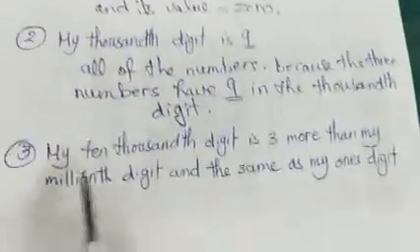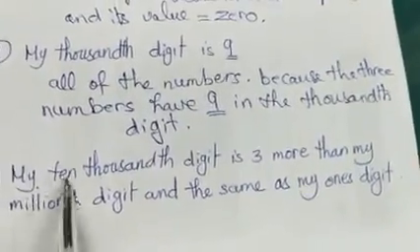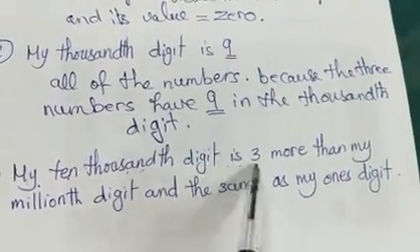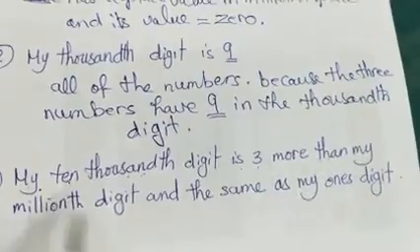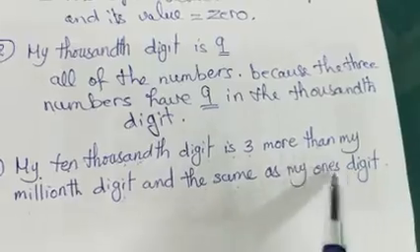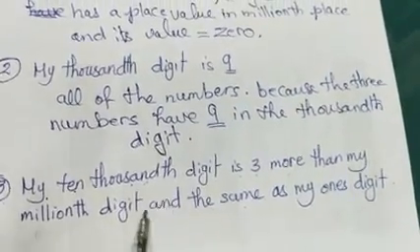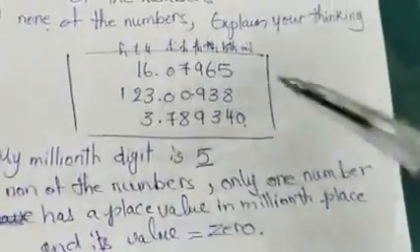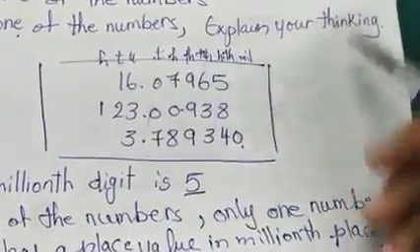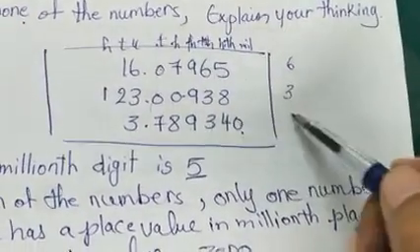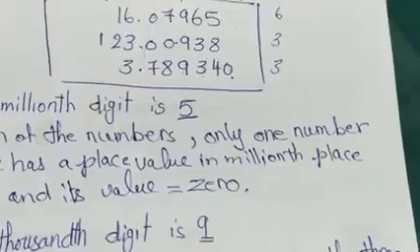After this, the third statement: my 10,000th digit is 3 more than my millionth digit, and the same as my ones digit. Now I will have a look at the 10,000s. I have here 6, here 3, and here 3.